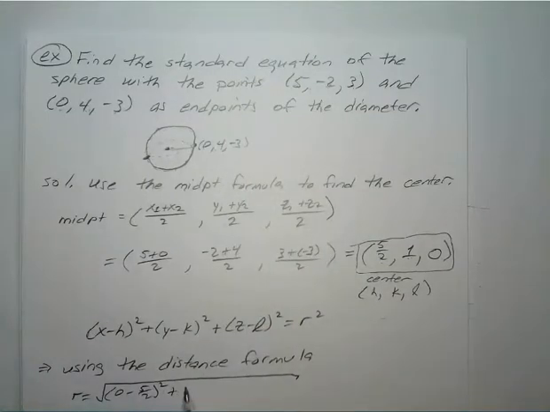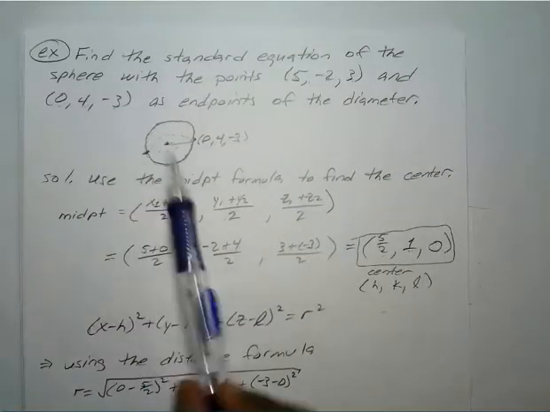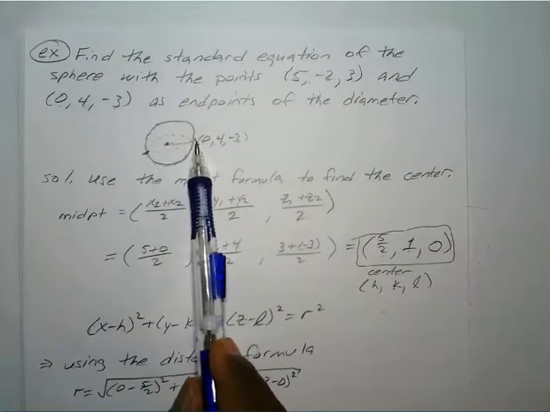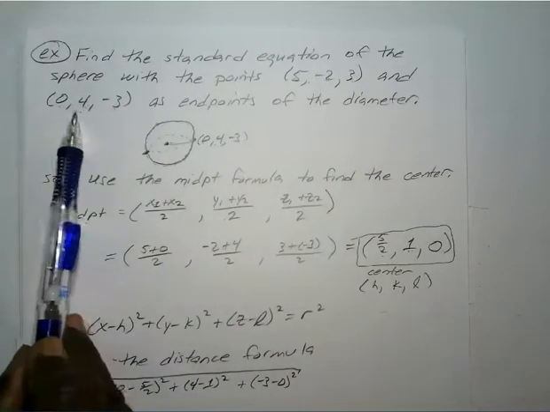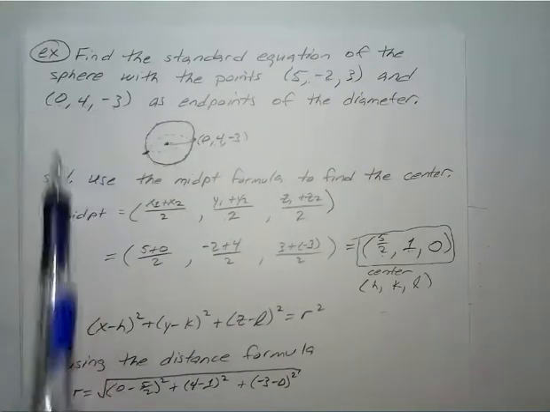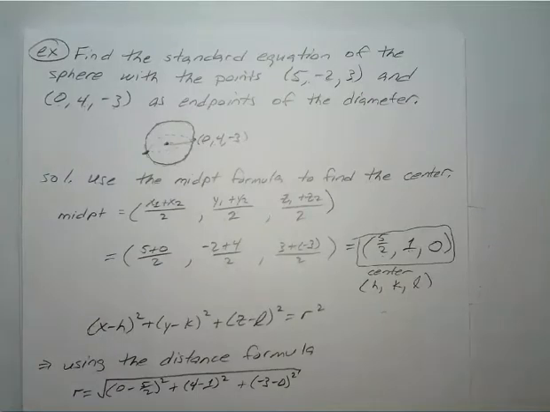Plus, we have 4 minus 1 squared. Plus, you have -3 minus 0 squared. So that will give us the distance from the center to either point. And actually, you can use this point, or you can use this point. I just use this point because it has lower numbers and a 0, which makes stuff a little easier. But you'll get the same distance either way.